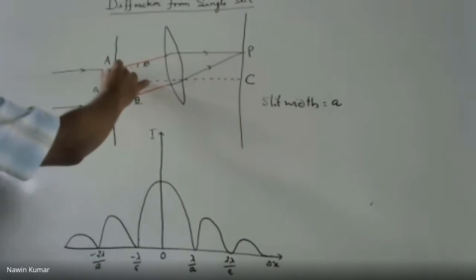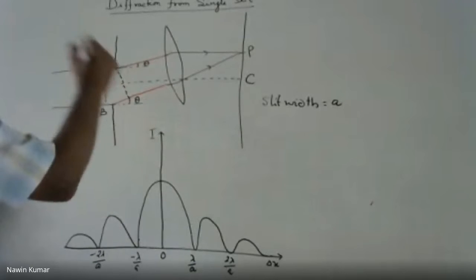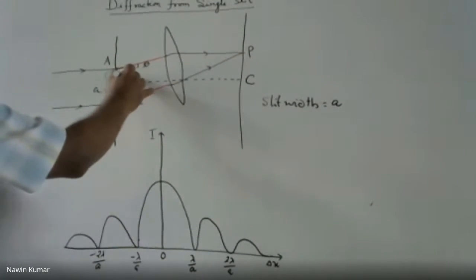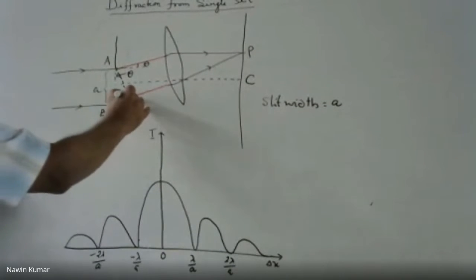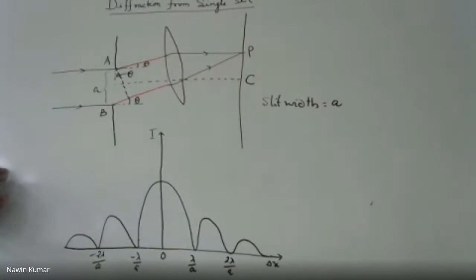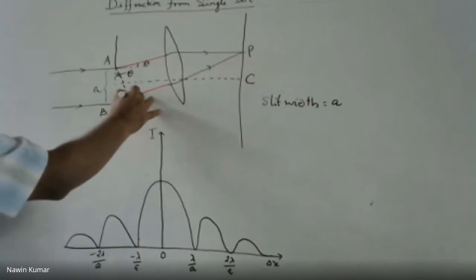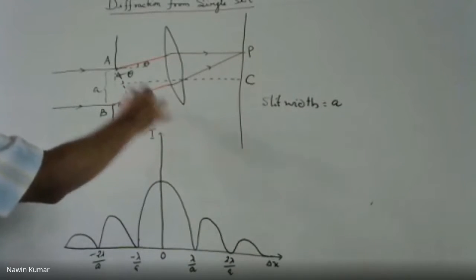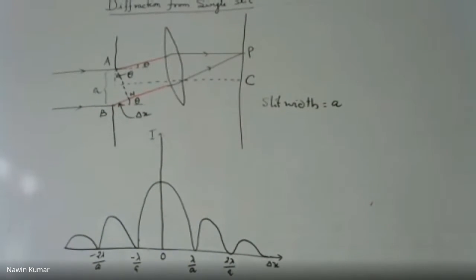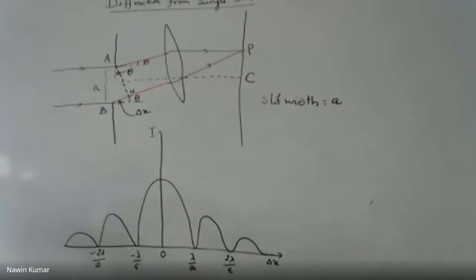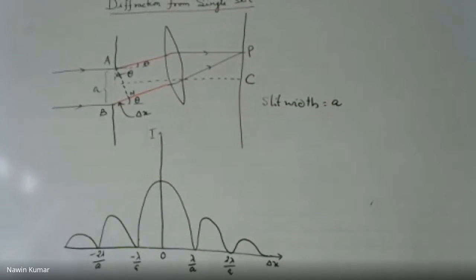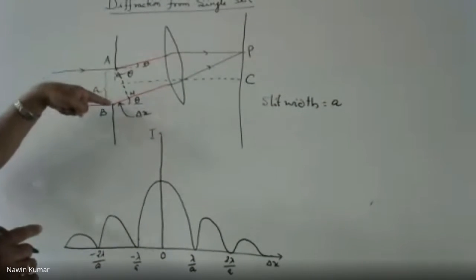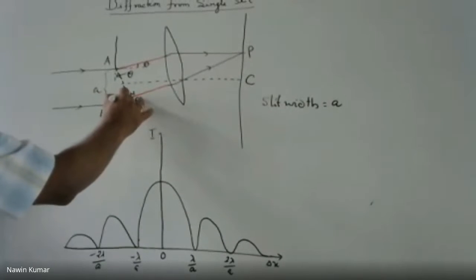If we draw the perpendicular from A, then this angle is also theta, and let the perpendicular meet at N. Then this BN is the path difference, denoted as del x. Now in the triangle ANB, at N it is a right triangle.